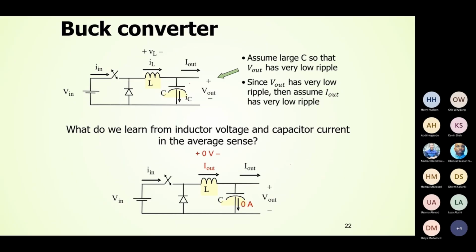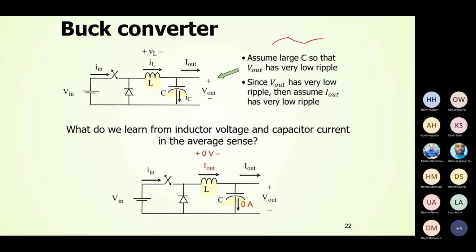Now, this is the circuit diagram of a buck converter. Assume that your capacitor is very large, because capacitor will do charging, discharging, charging, discharging. If your capacitor value is very large, the ripple will also be minimal.